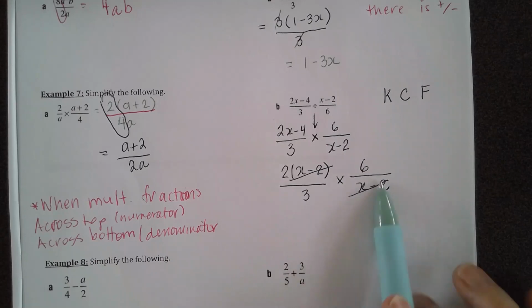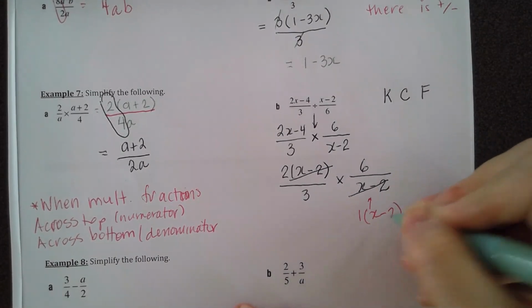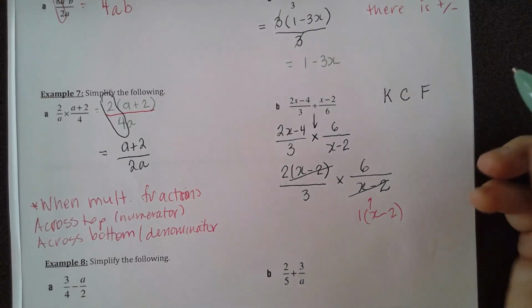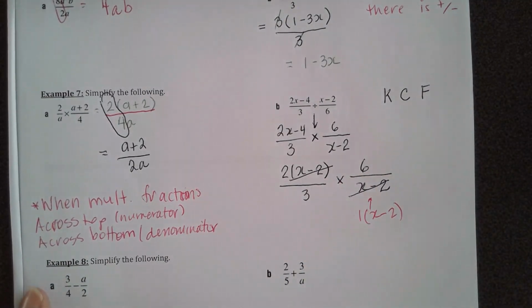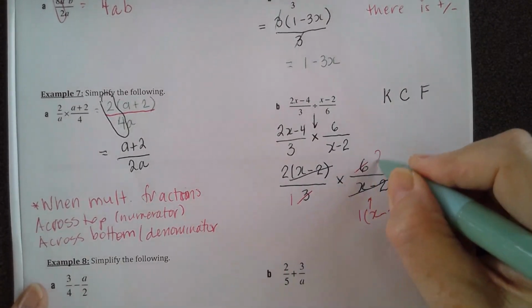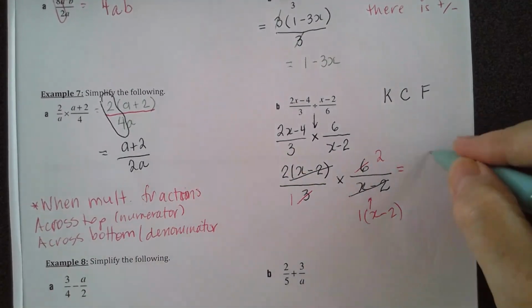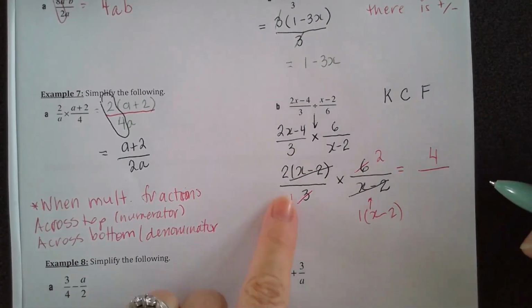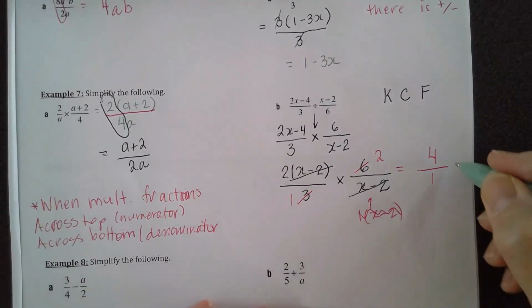There's a 1 sitting there, because this is like 1 bracket x minus 2. So that's gone. Can I take the 3 into the 6? Yes, top to bottom canceling is fine. So 3 becomes a 1 and 6 becomes a 2. When I go across the top multiplying, I get 4. Across the bottom, I got 1 times 1, or 1. So the answer to this problem is 4.